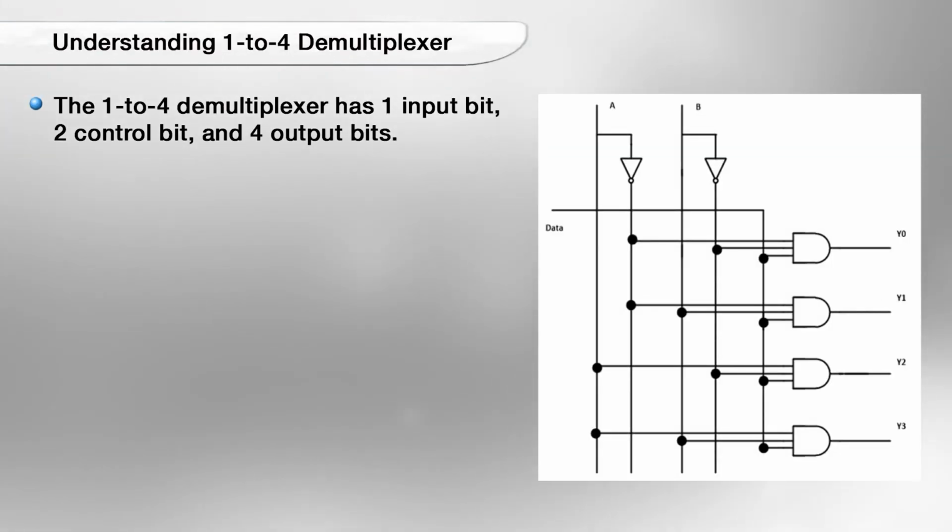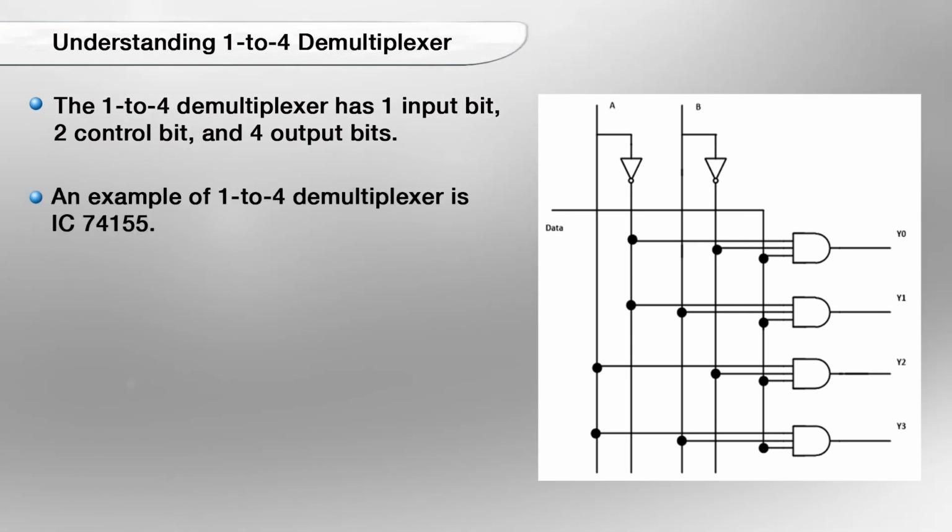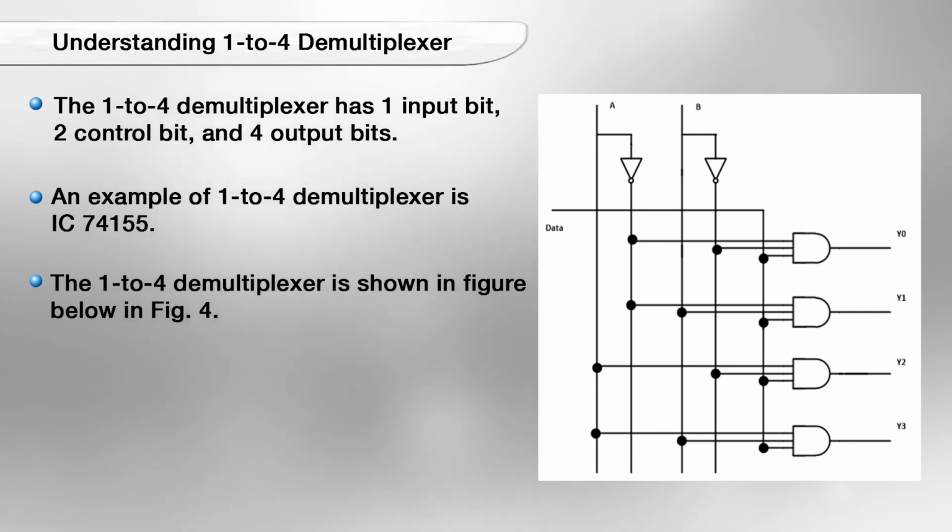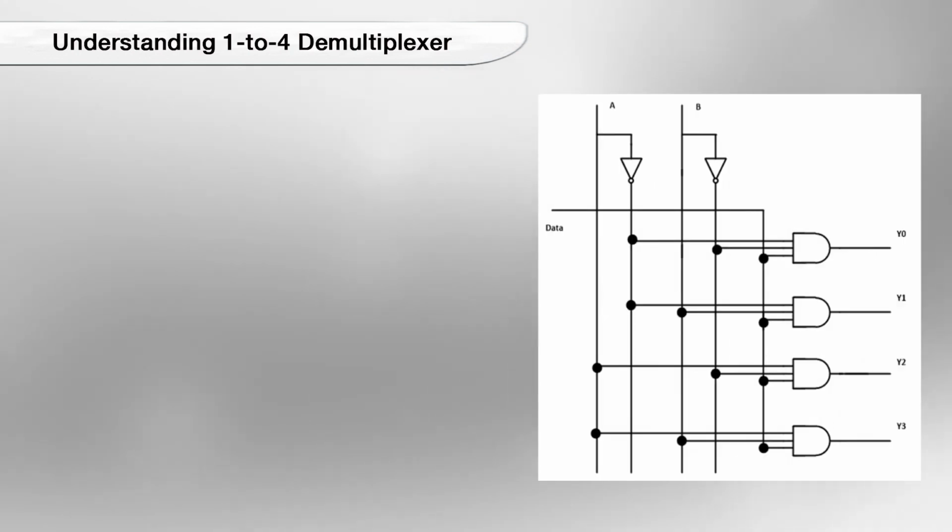The 1:4 demultiplexer has one input bit, two control bits and 4 output bits. An example of a 1:4 demultiplexer IC is 74155. The 1:4 demultiplexer is shown in figure 4. So, this circuit is the example for a demultiplexer.